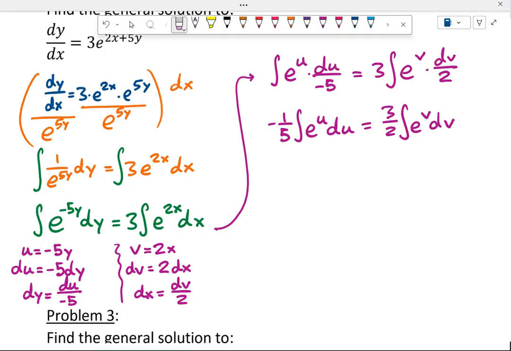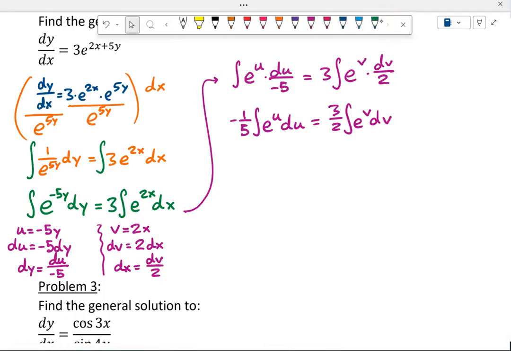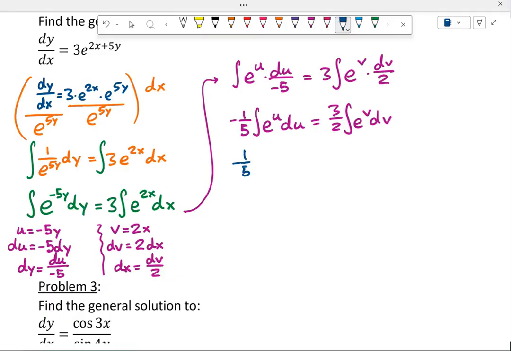Don't try to leave things out because you don't think it's important. We can now integrate. What is the antiderivative of e to the u or e to the v? So on the left side, negative 1/5 times what? e to the u equals 3/2 times what?